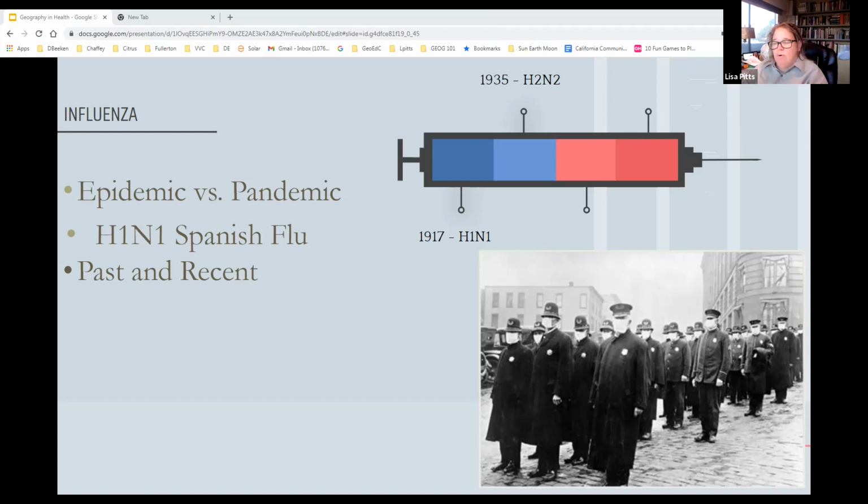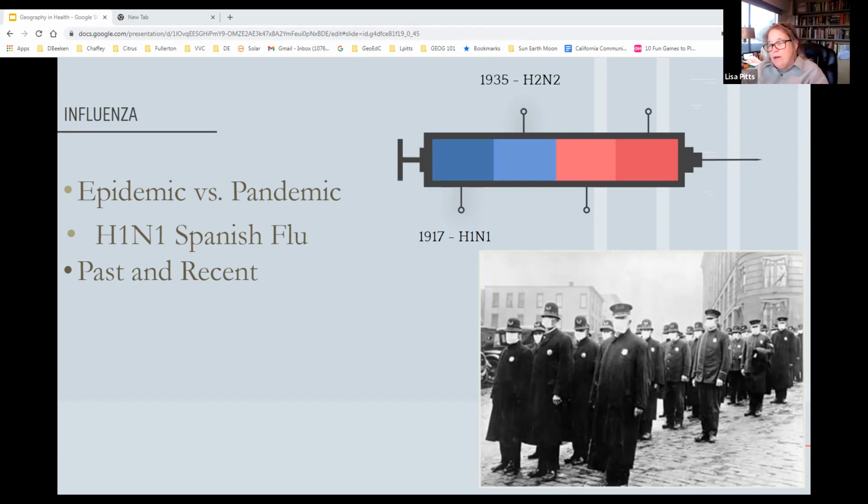So then we get into the H2N2, which replaced the Spanish flu pandemic. It caused about 1.1 million deaths worldwide, about 116,000 people in the US in 1957. And then in '63, there was another one. This was what they called the Hong Kong flu. That caused about another 1 million people to die.